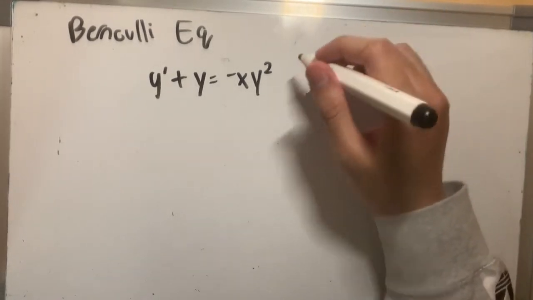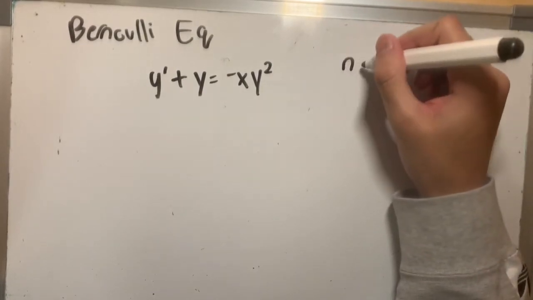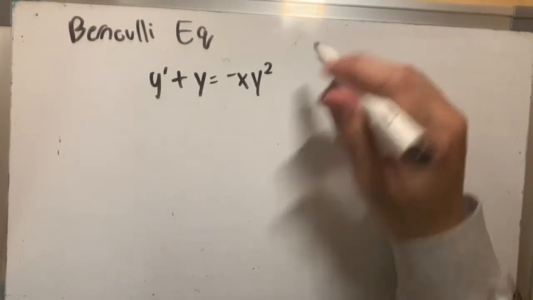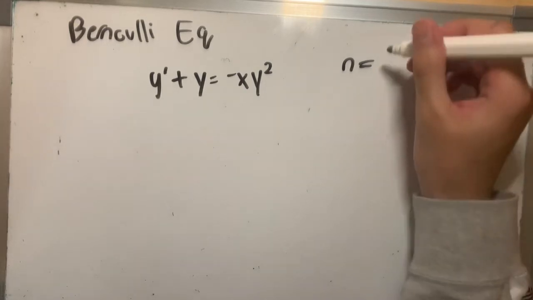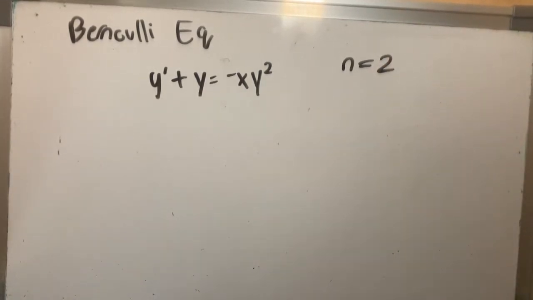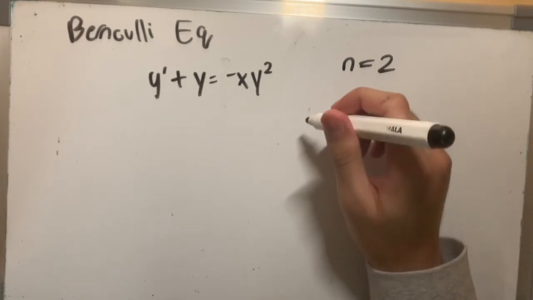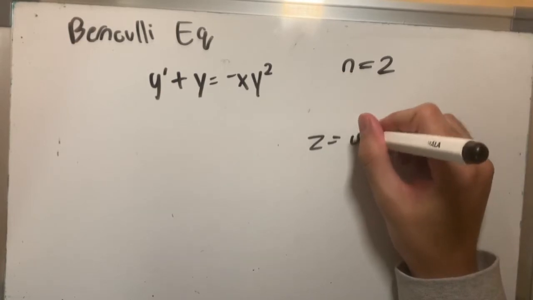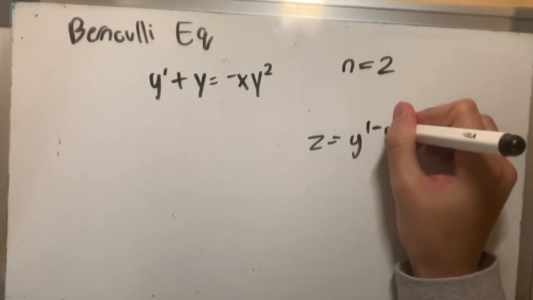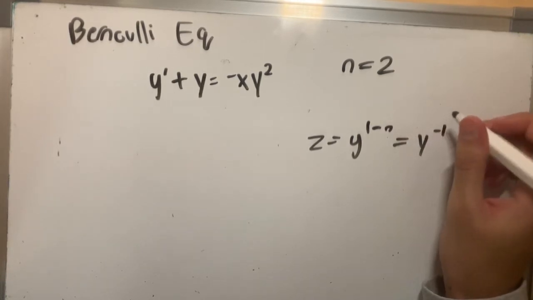Here n is equal to 2, and what we're going to do is make a z substitution, where z is equal to y to the power of 1 minus n. n is 2, therefore z is y to the negative 1.